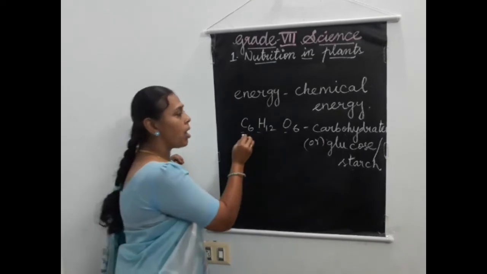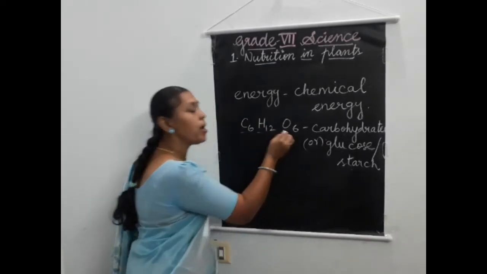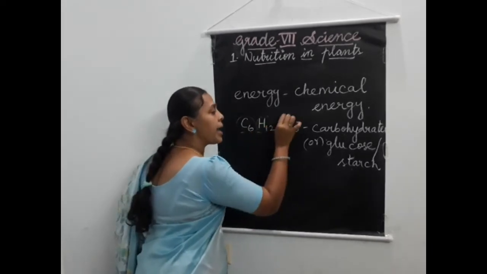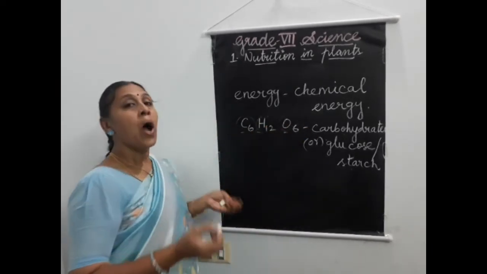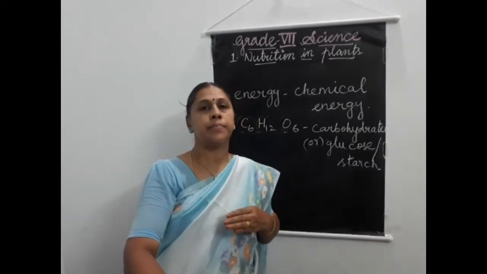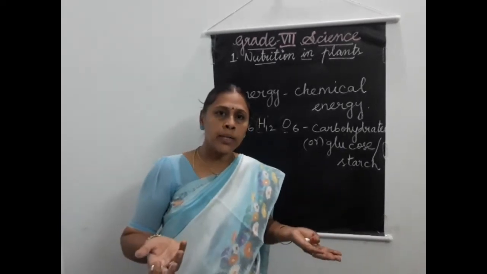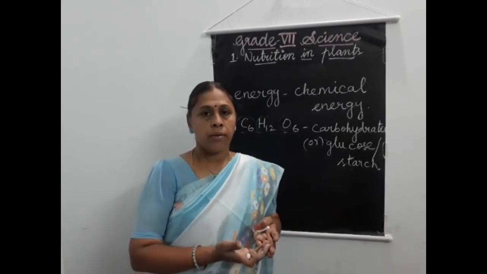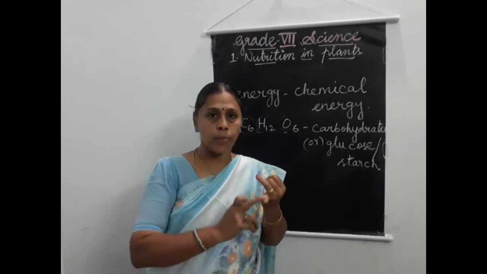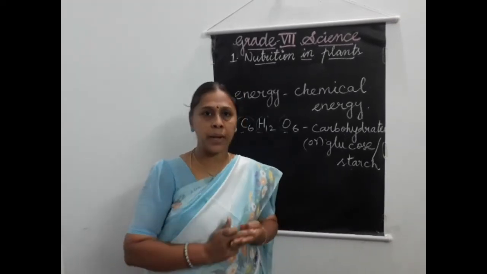The components are carbon, hydrogen and oxygen, and these carbon, hydrogen and oxygen are used to prepare other nutrients. So what are the other nutrients? Proteins, is it not? What are the nutrients already studied? Carbohydrates, proteins, fats, vitamins and minerals.